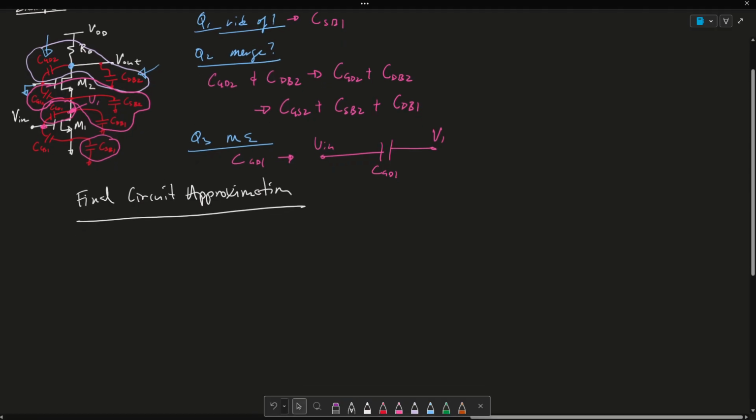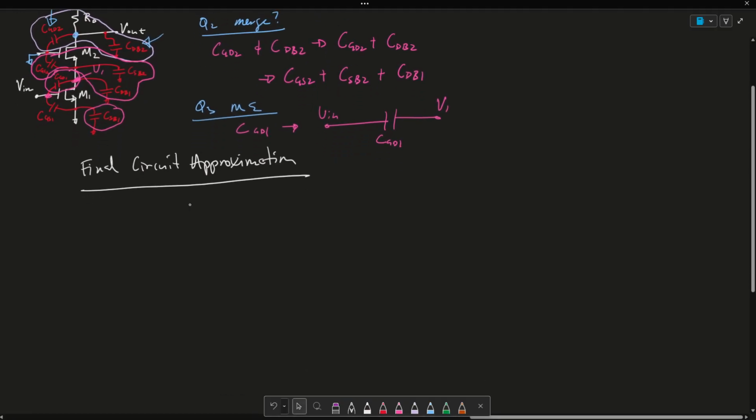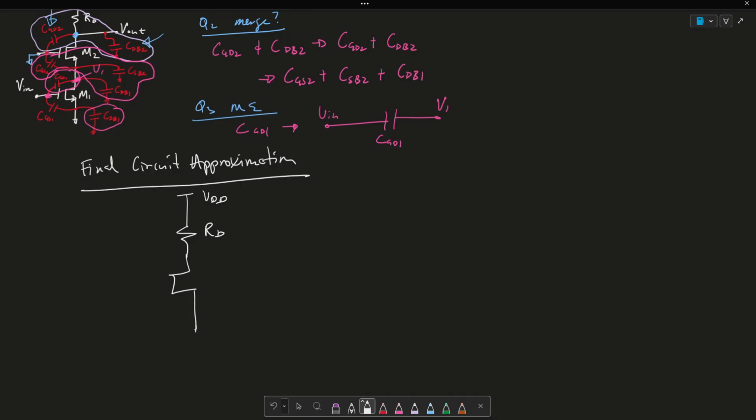Okay, so what I'm going to do now is I'm just going to write out the final circuit approximation, similar to how I did on the previous example. So this is simply just, so we get VDD, RD, my two transistors, M1 and M2. We get a V out. We get a VB, but this is just grounded in AC. All right. And we get a VN.